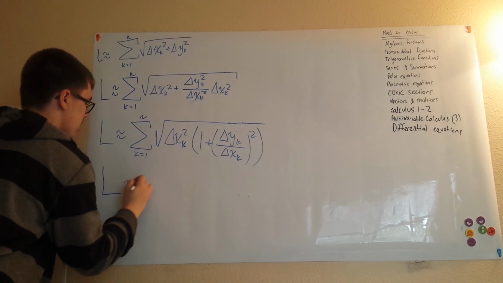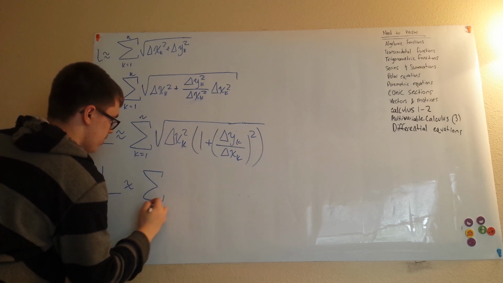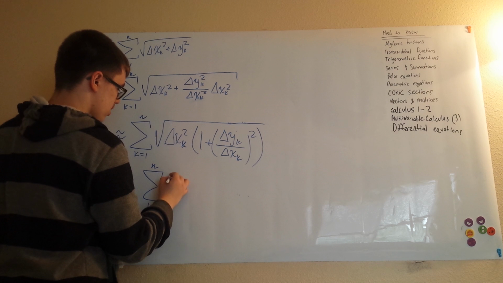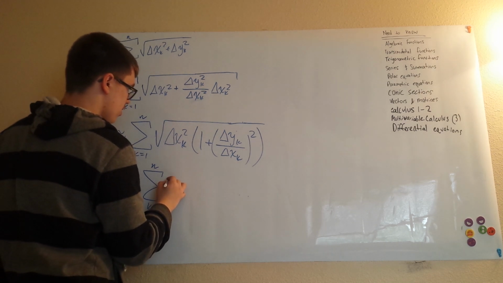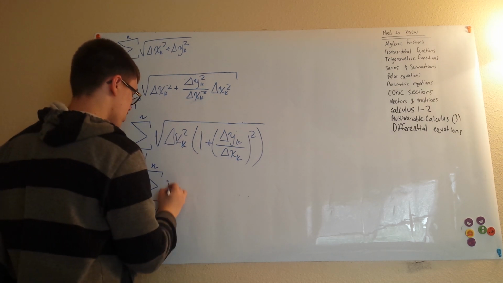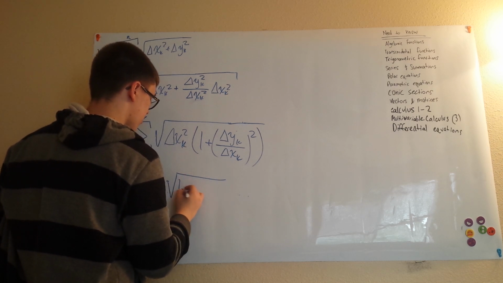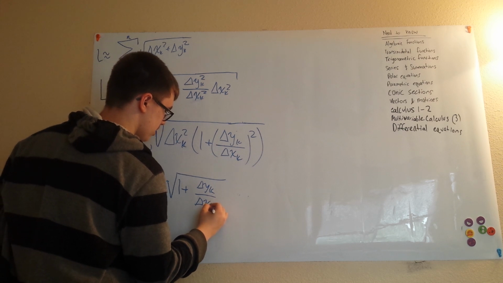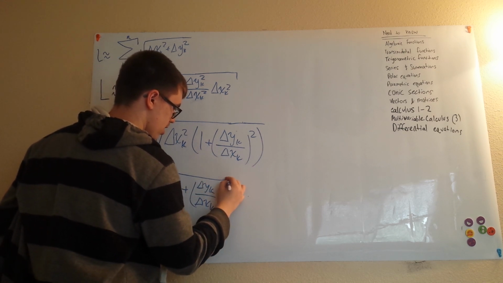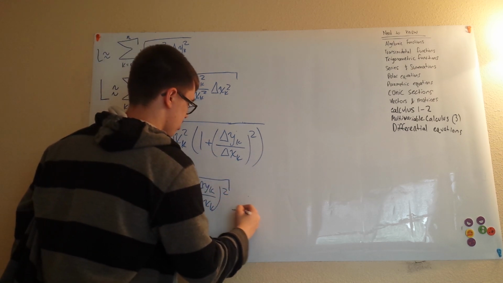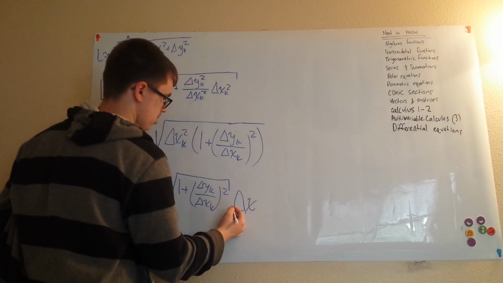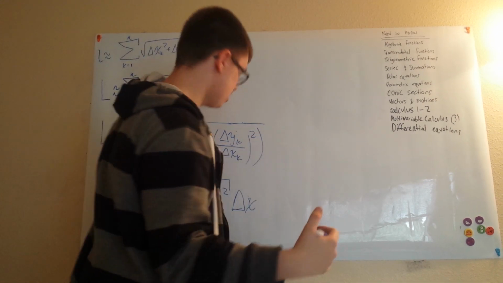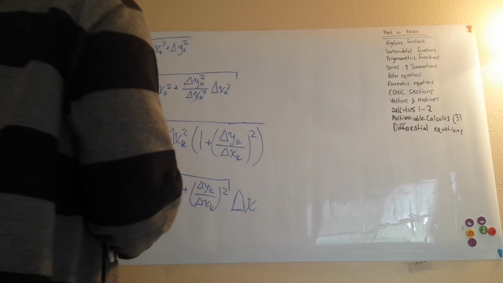This leaves us with the summation from k equals 1 to n of the square root of 1 plus delta y sub k over delta x sub k squared, times delta x sub k, which means kind of the same thing as delta x.